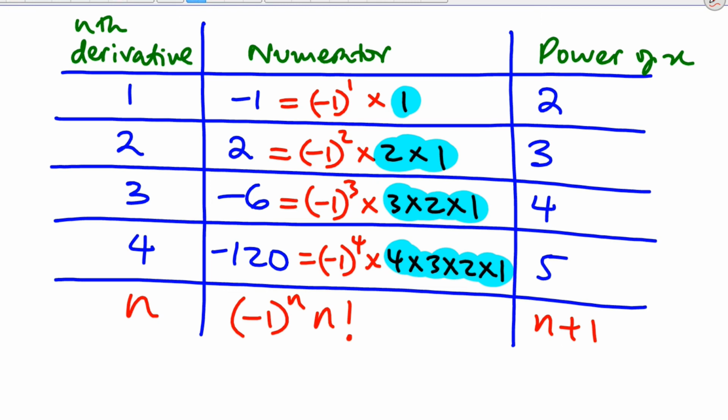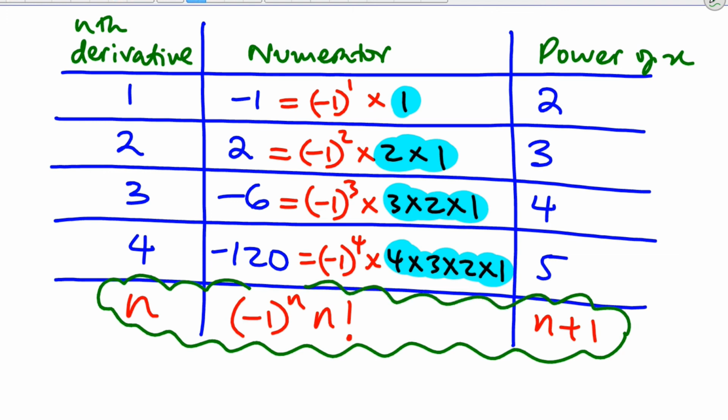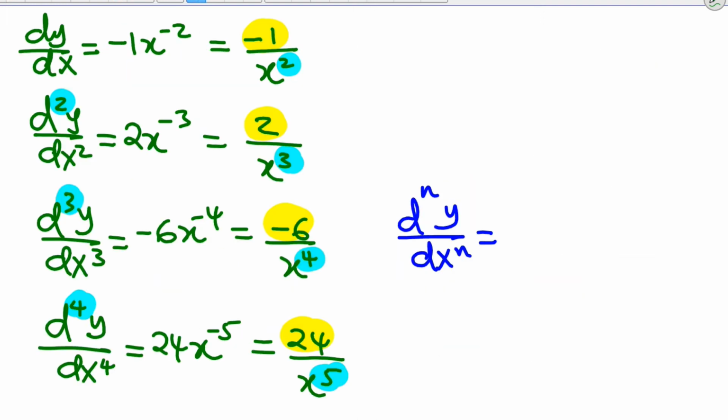So now we have an important rule for the power of x and the numerator, and we can use that to write our general rule for the nth derivative. The nth derivative will be equal to -1 to the power n, n factorial, over x to the power n plus 1.